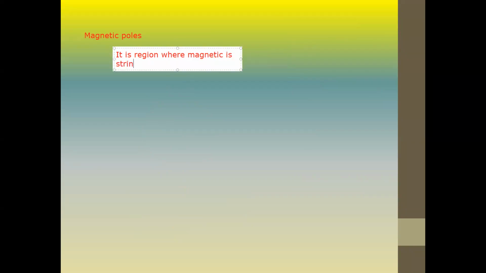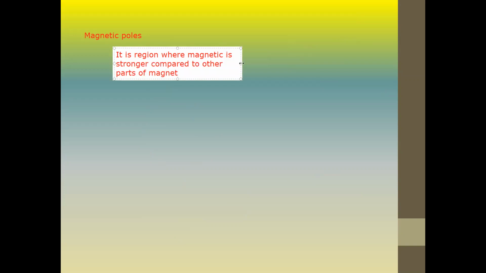Then what are magnetic poles? A magnetic pole is the region where the magnetic field is stronger compared to other parts of the magnet.